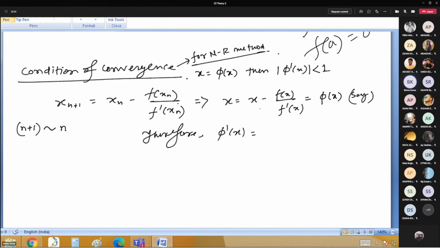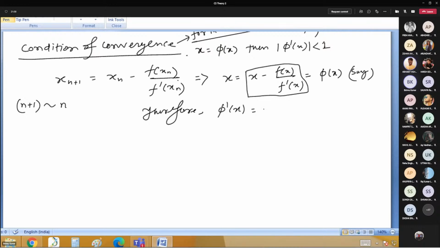If this is your phi(x), then what is phi dot x? 1 minus f dash x by f dot x square, f double dash x into f(x)... f double dot x into f(x) minus f dash x square. Square, sir, square.